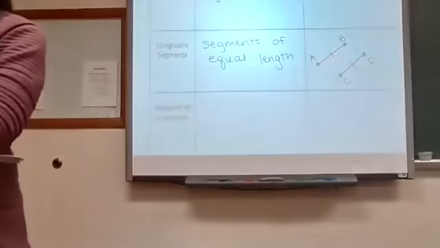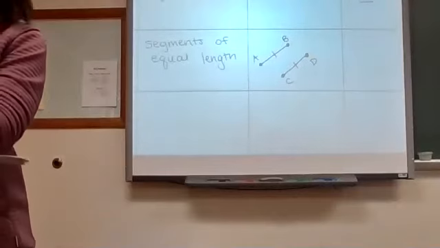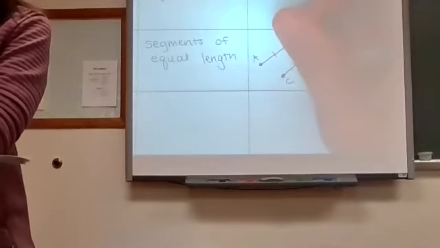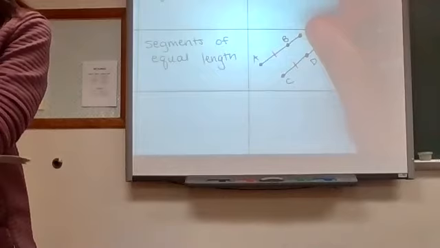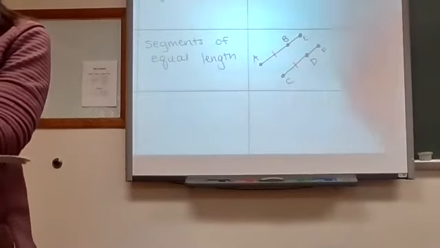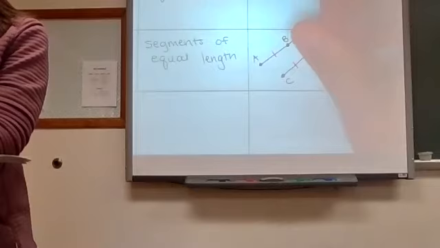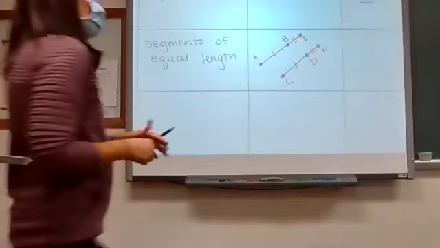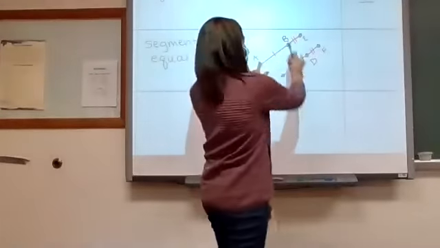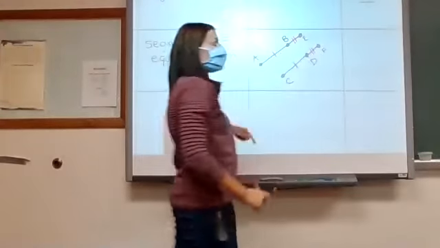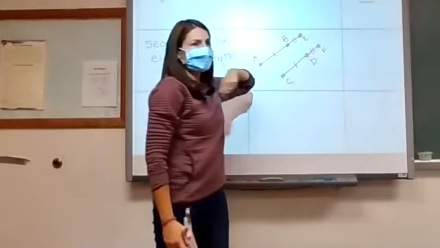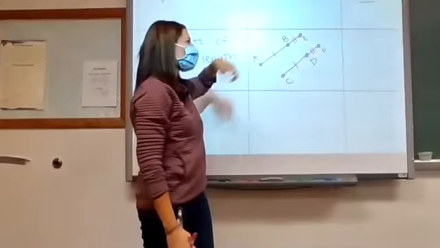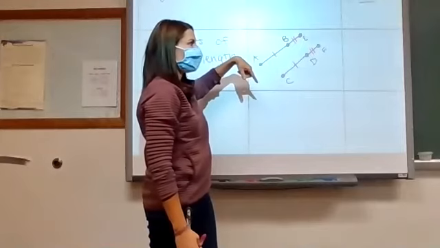I could even add shorter segments here, E and F, and I would use a different set of tick marks to show this length and this length are the same measurement, and this length and this length are the same measurement. We use those tick marks to show which ones match up and are the same.